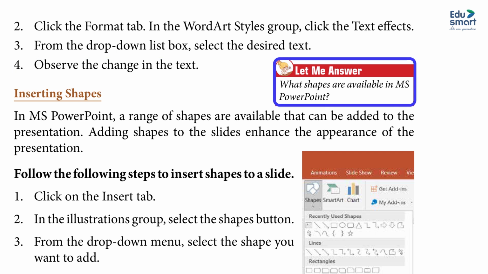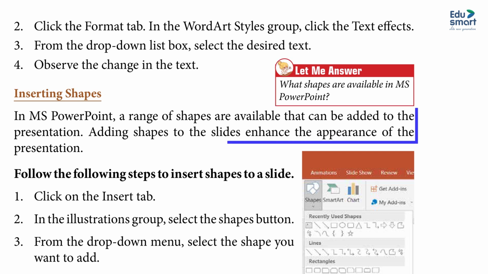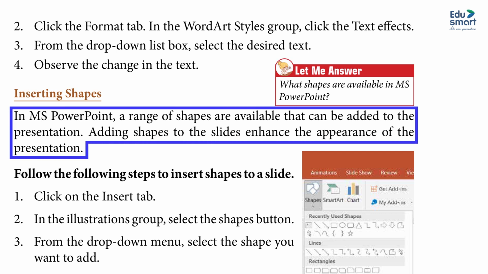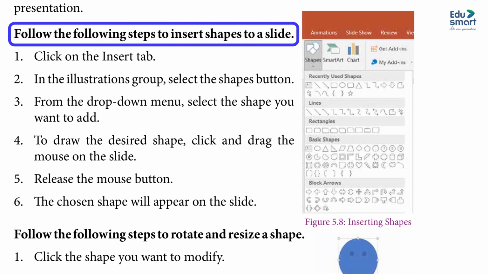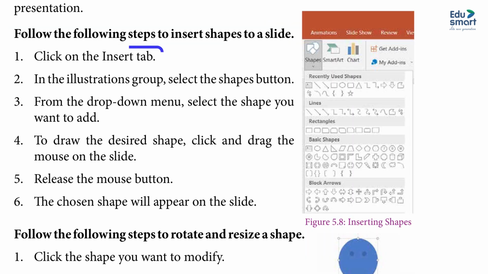Let me answer. What shapes are available in MS PowerPoint? Inserting shapes. In MS PowerPoint, a range of shapes are available that can be added to the presentation. Adding shapes to the slide enhances the appearance of the presentation. Follow the following steps to insert shapes to a slide. 1.